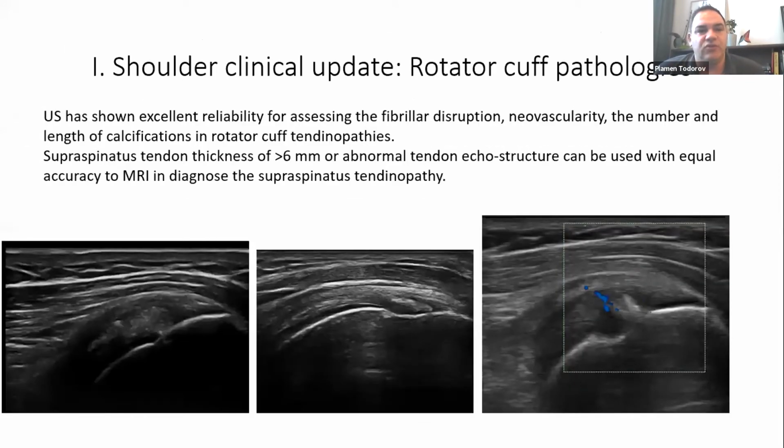Ultrasound has also shown excellent reliability for assessing fibrillar disruption, neovascularity, and the number and length of calcifications in rotator cuff tendinopathies, like this calcification in the supraspinatus tendon. Also, tendon thickness of more than 6 millimeters, like here, or abnormal tendon echotexture can be used with equal accuracy to MRI to diagnose supraspinatus tendinopathy.